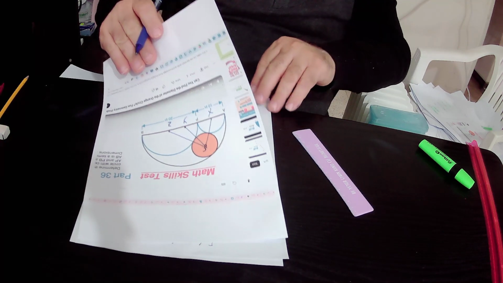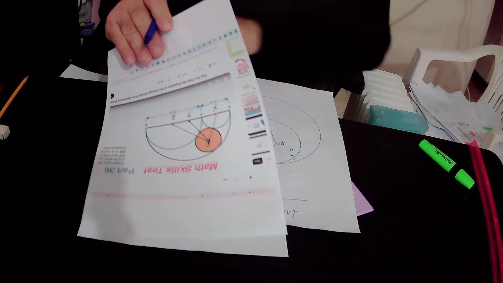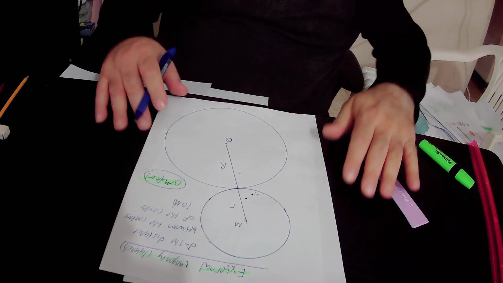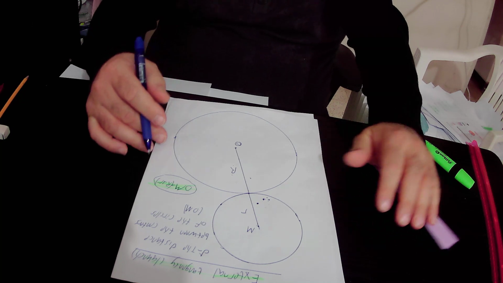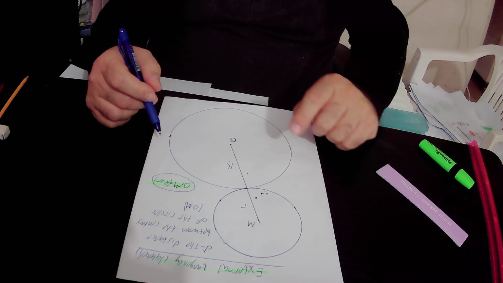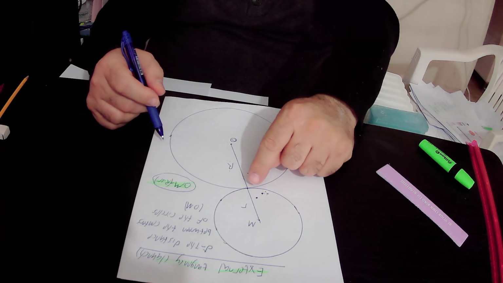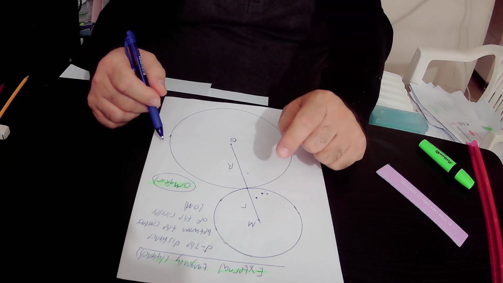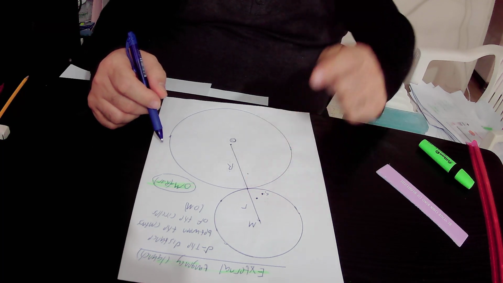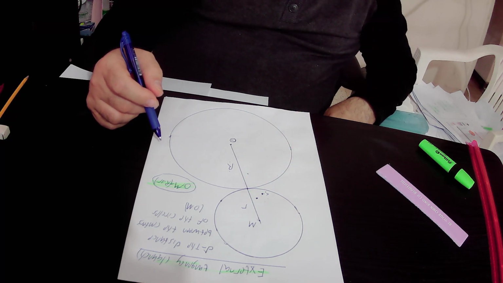The first type of tangency between two circles is the external tangency. In the external tangency, the two circles are touching each other externally at this point. This is the point of tangency between the two circles.